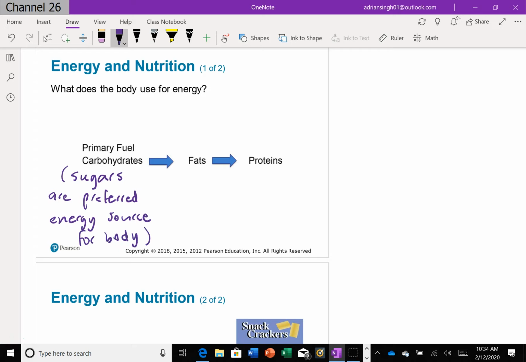And that's because your body has evolved really efficient mechanisms for breaking down sugars to give you a bunch of energy. There are many, many types of sugars around.